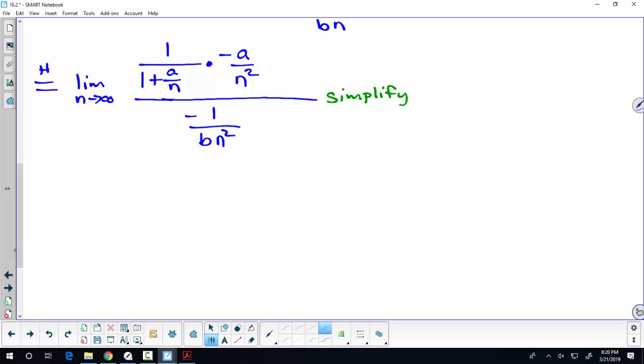What's easier? It's about the same, I guess. We can clean it up by multiplying the top by the bottom. So let's just get rid of the double denominator, and multiply top and bottom by b n squared over negative 1.